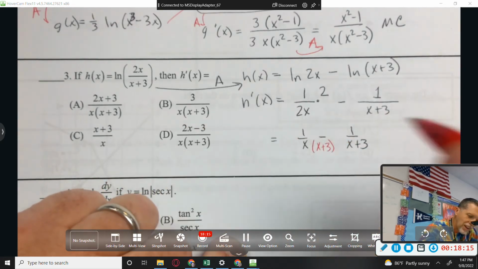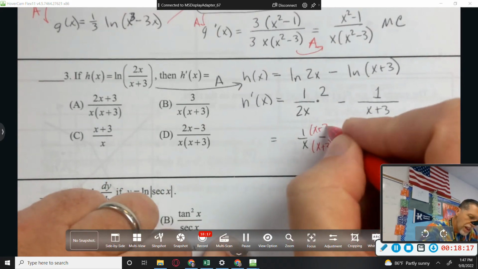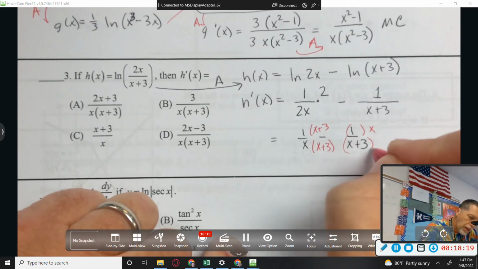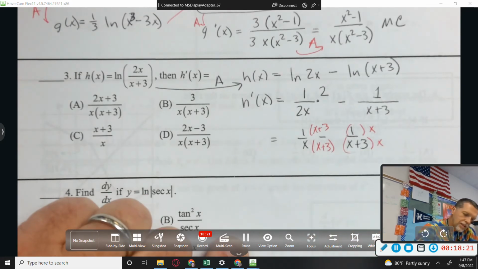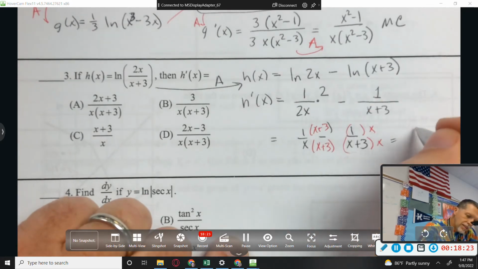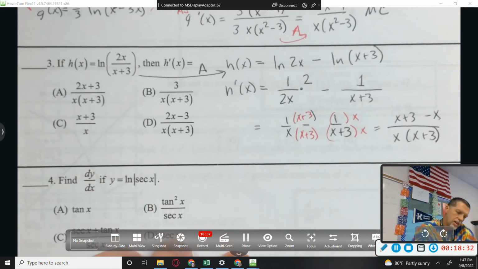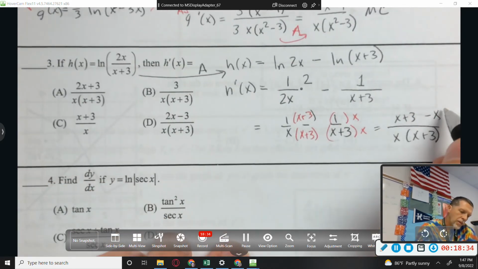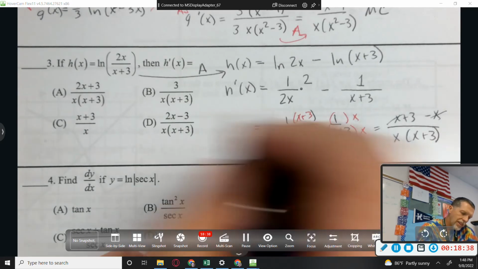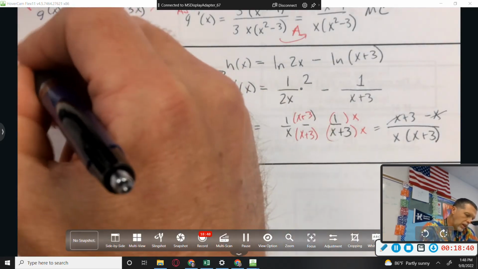That doesn't look right. So that's x plus 3 minus x all over x and x plus 3. So the x minus x goes away, and that leaves me with B.